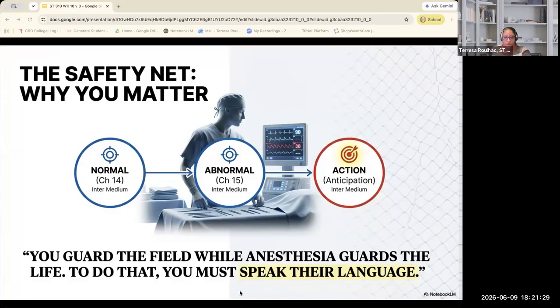Think about this for a moment. If anesthesia suddenly reports a change in the patient's condition during surgery, think about how that affects us as the team. We're going to be communicating. We're trying to understand the language of anesthesia. It helps us to function more effectively as part of that team.